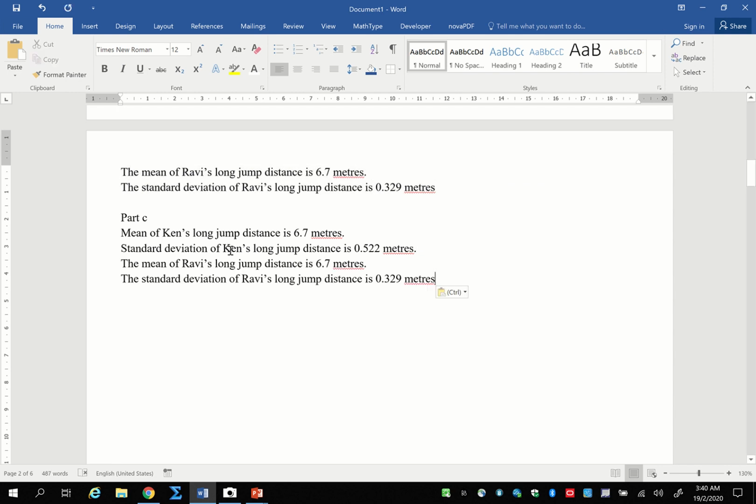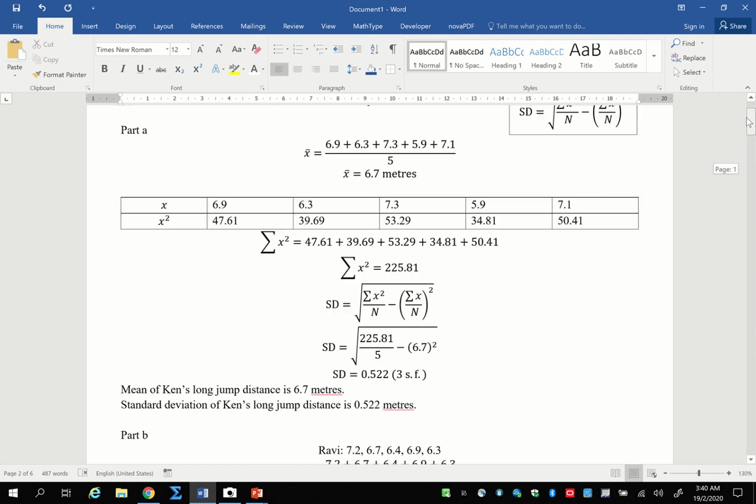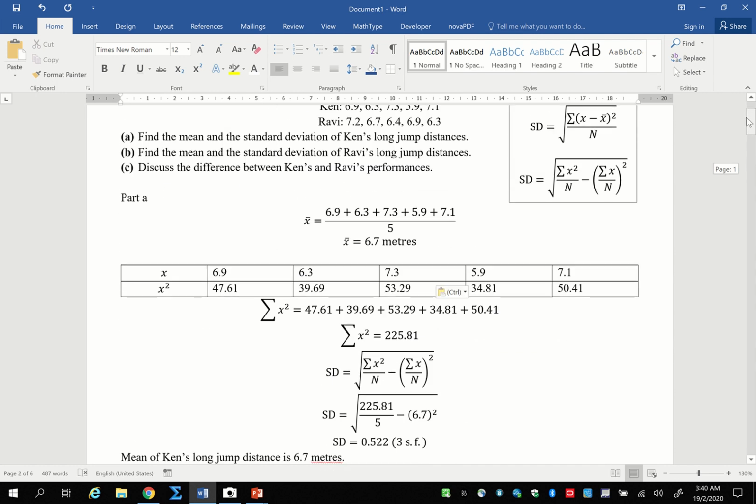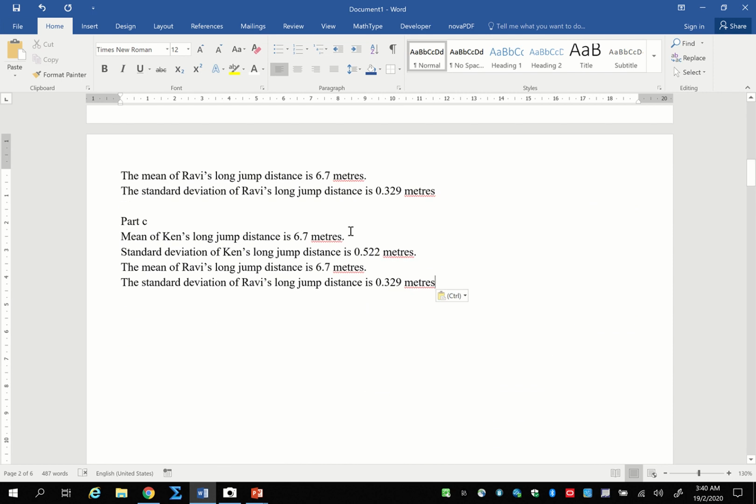Now, if the question just asked you to discuss Ken's and Ravi's performances and never specified differences, then you would have to compare the mean. So if the question tells you to discuss the performances without specifically saying differences, we would conclude that both Ken and Ravi perform similarly, because their mean is the same.